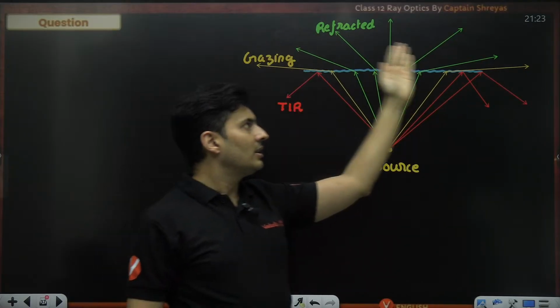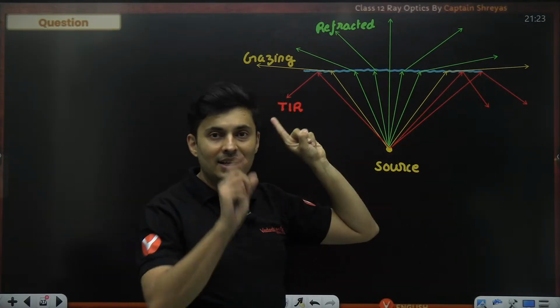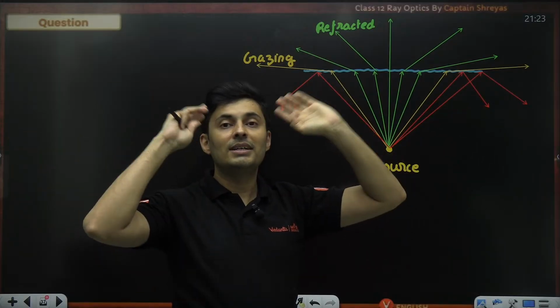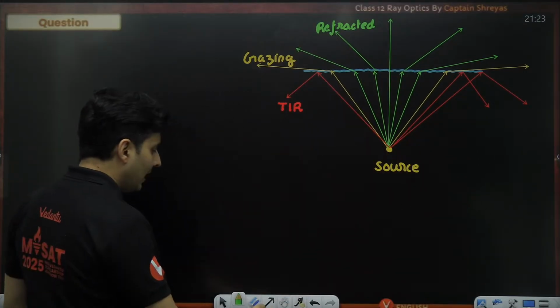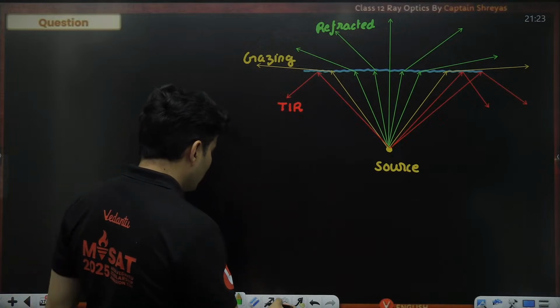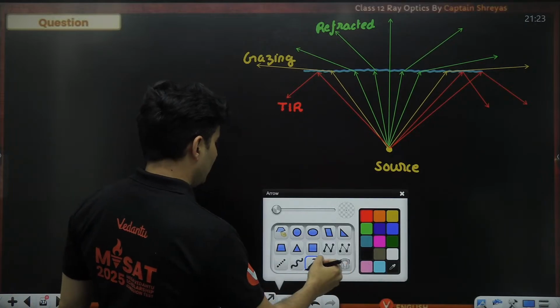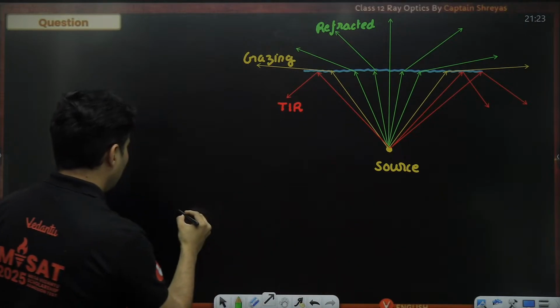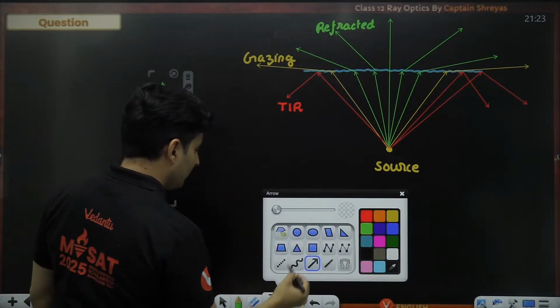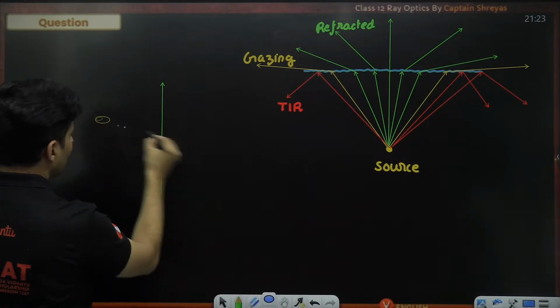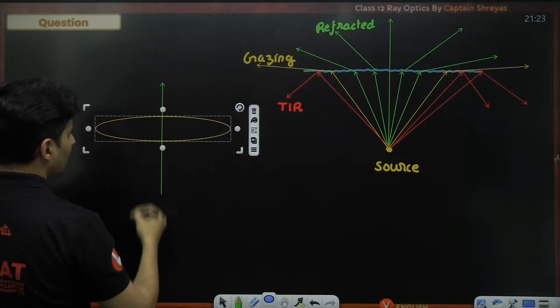And this is just a two-dimensional figure. But imagine this in three dimensions. This will definitely become a cone-like structure, where probably it will look something like this, with the light from the source coming out this way.